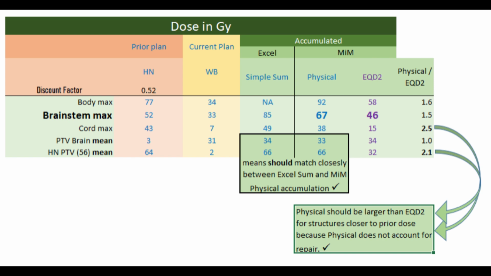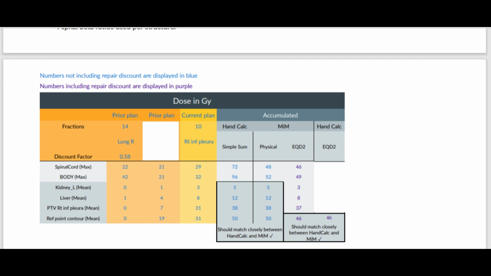Because prior dose is a dose that's going to have the discount factor applied, and it's going to only apply to EQD2, not the physical, which again is a common point of confusion when interpreting MIM's results. And so physical dose should be larger than EQD2 dose for structures closer to prior dose, because physical does not account for repair essentially.